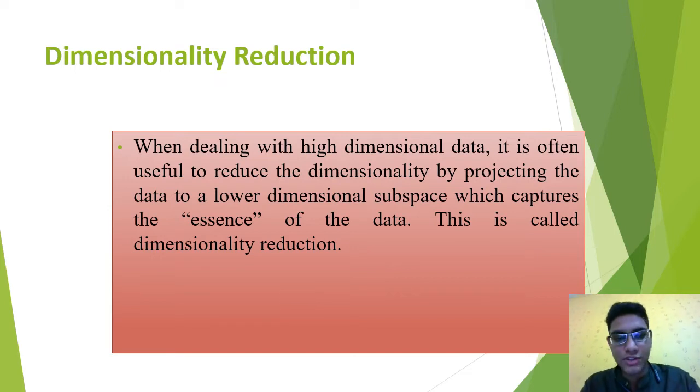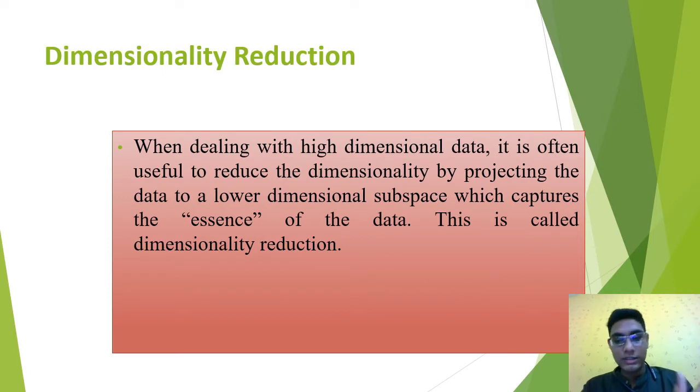Now coming on to the unsupervised continuous category, there is dimensionality reduction. Now what is dimensionality reduction? When dealing with high dimensional data, when there is so much data, it is often useful to reduce the dimensionality by projecting the data to a lower dimensional subspace which captures the essence of the data. This is called dimensionality reduction. As we can see, this is made up of two words, dimensional and reduction.